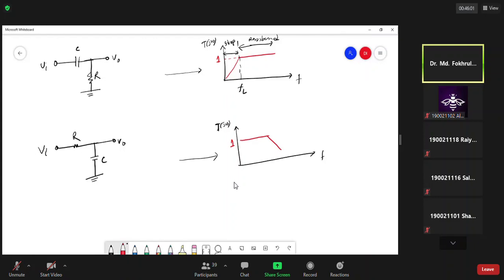So if you draw a line, this is the stop band, and this is the pass band.